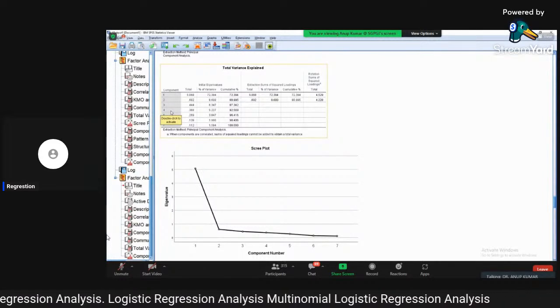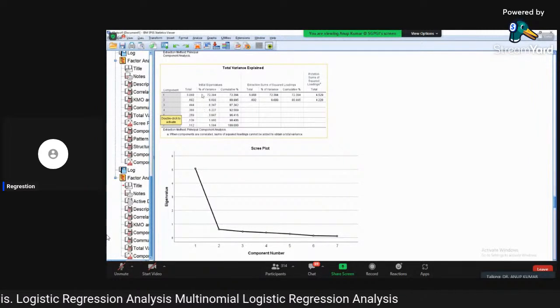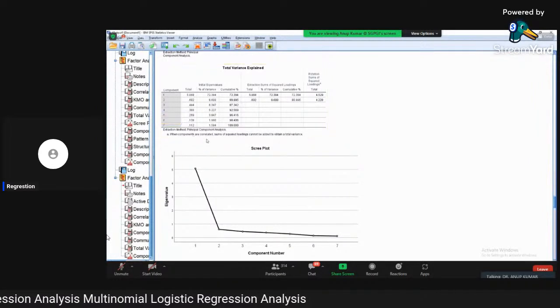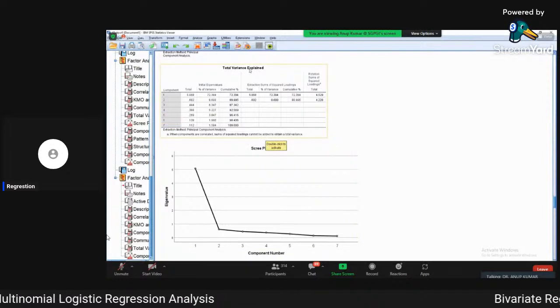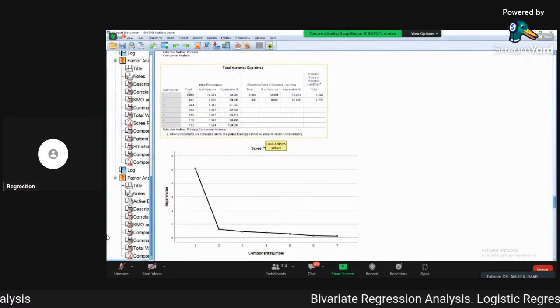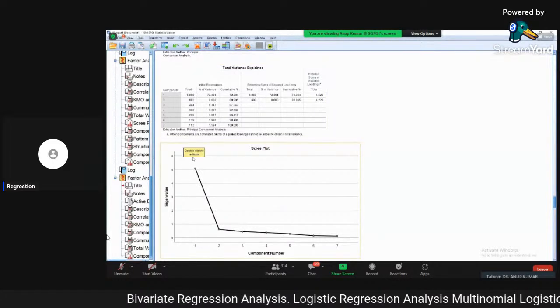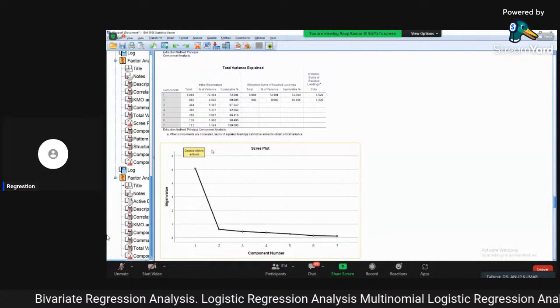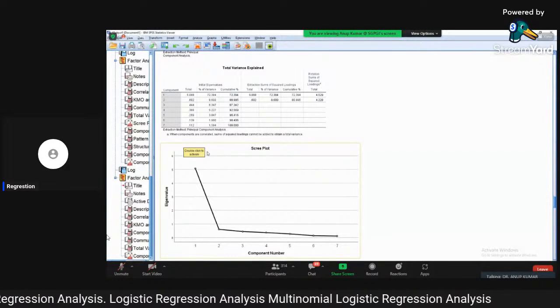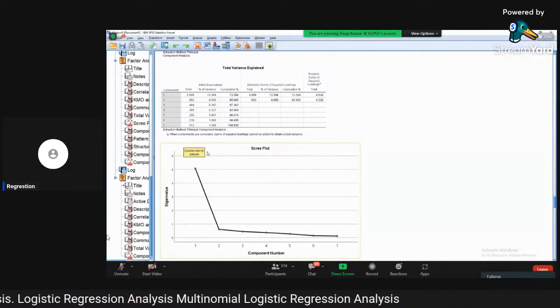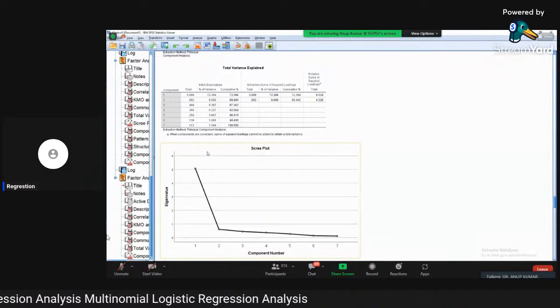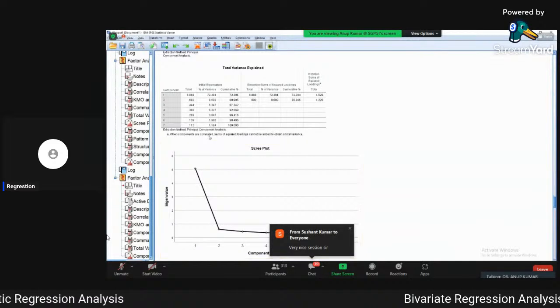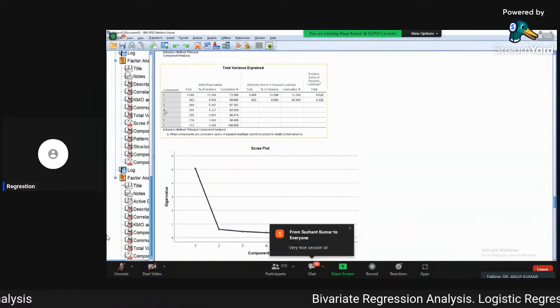So that is one criterion. Another criterion is eigenvalue more than one. Our third criterion is the scree plot. So these 3 criteria are there by which we decide how many factors we should retain. Before doing the factor analysis, if you say that you want 90% of the variability explained, for this you should go up to 4 factors.